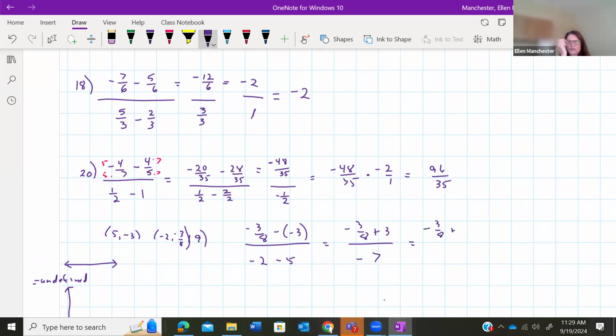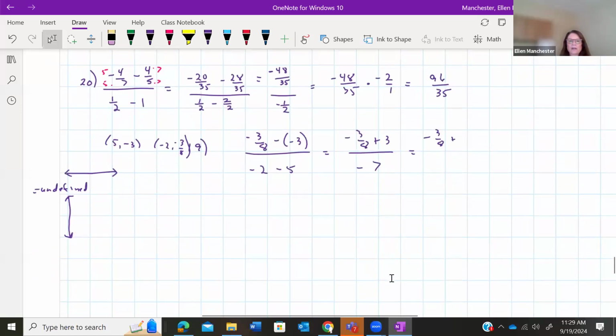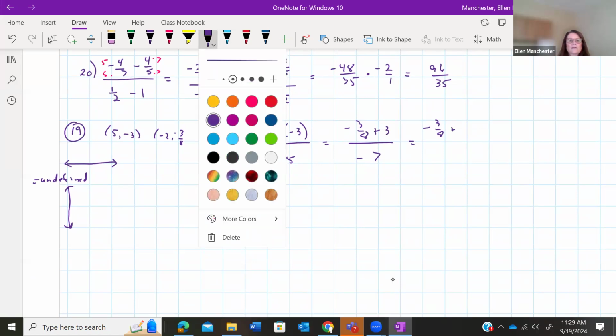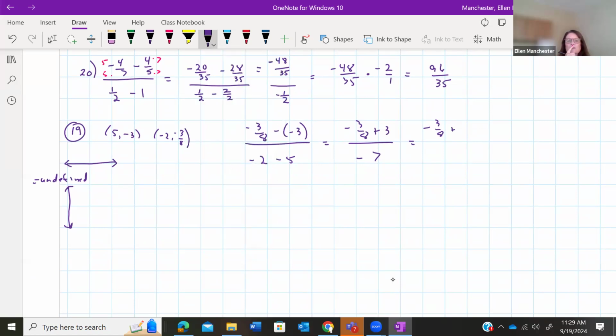All right, what'd you change the 3 to? Because you do need a common denominator on number 19. Okay, so here is a really cool trick.